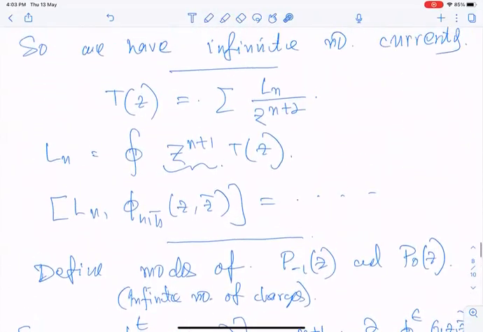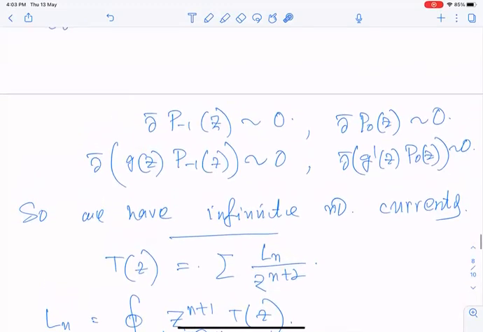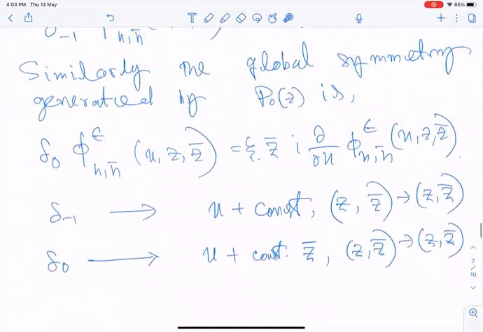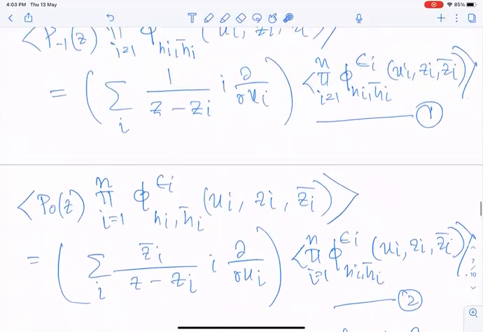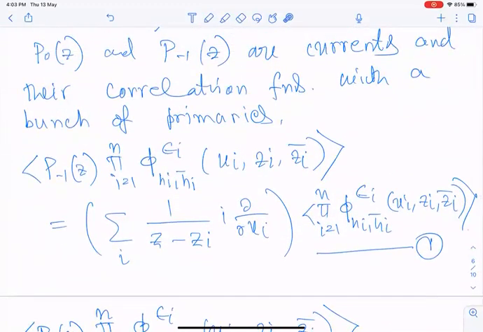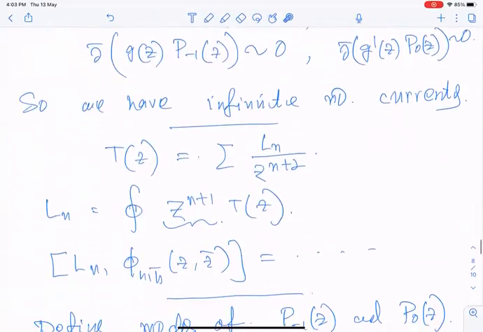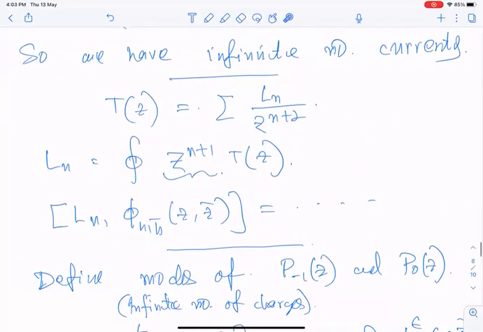Probably I have to tell you something about the conformal soft theorem, but that I can do next time. Okay, so this is essentially the idea. You start with the soft theorem, you write it on the celestial sphere, and you will see that it always looks like this. So you can always write it as a Ward identity, and then you can get an infinite number of symmetries from there.